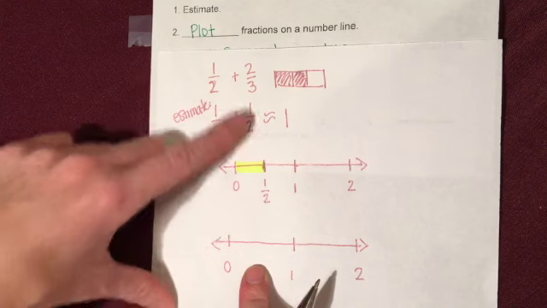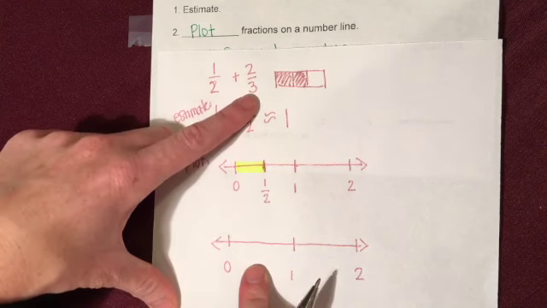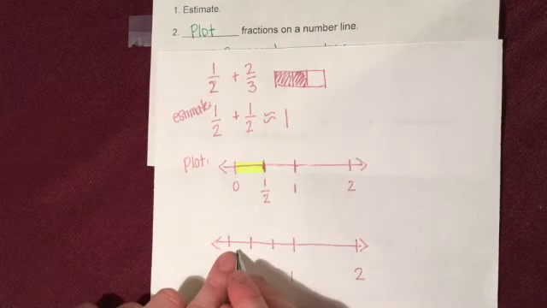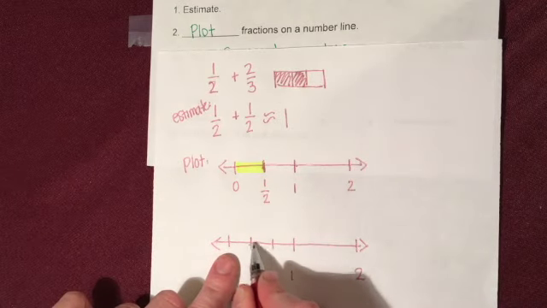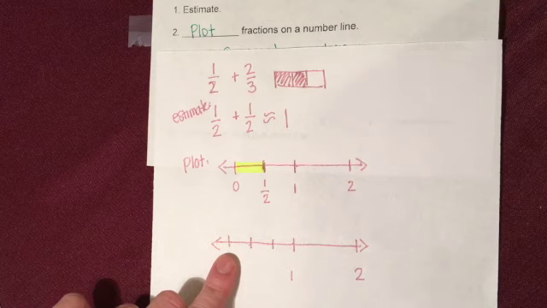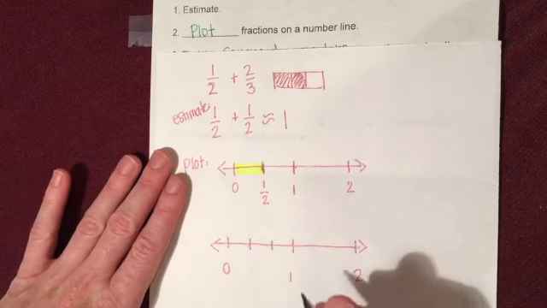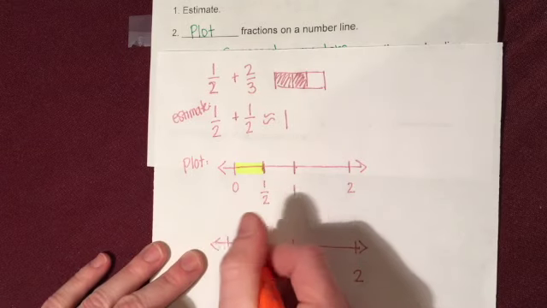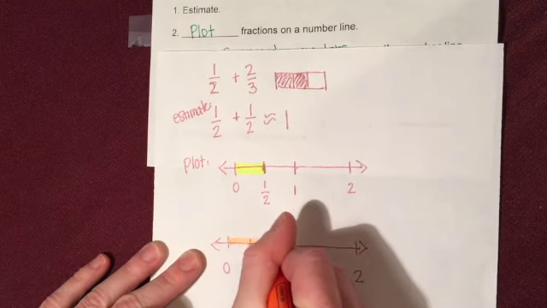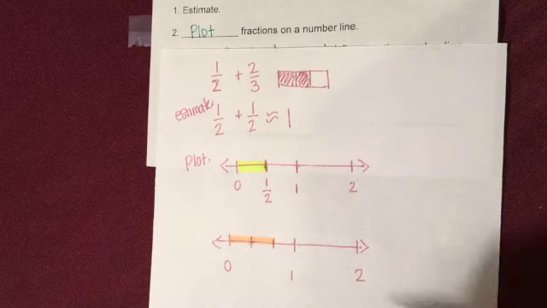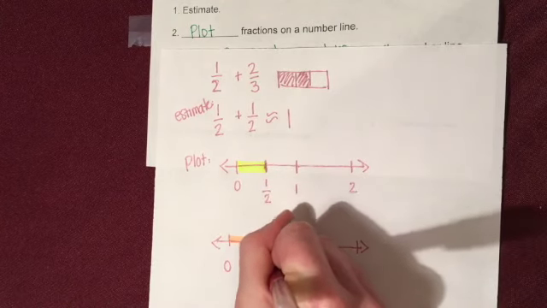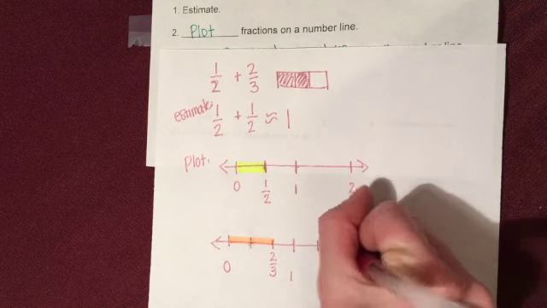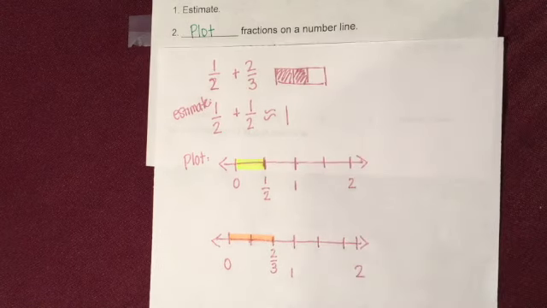Just like my trick, I look at what's 1 less than 3. There's 2, so I'm going to make 2 tick marks. And if I double check, I have 1 part, 2 parts, 3 parts. And if it helps you, I'm going to shade that in with a different color first. So that's 2/3.